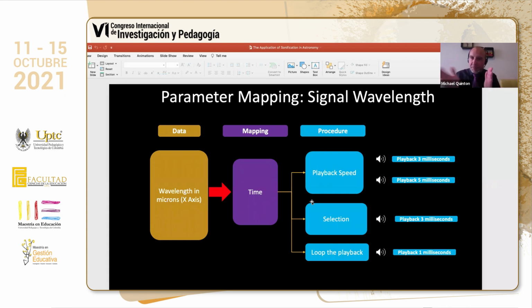You could choose segments and listen to those particular segments. And you could loop the playback. Looping means that you repeat the playback. So you could choose a specific segment, or you could listen to the whole thing over and over again. So this is the manipulation of time, basically.